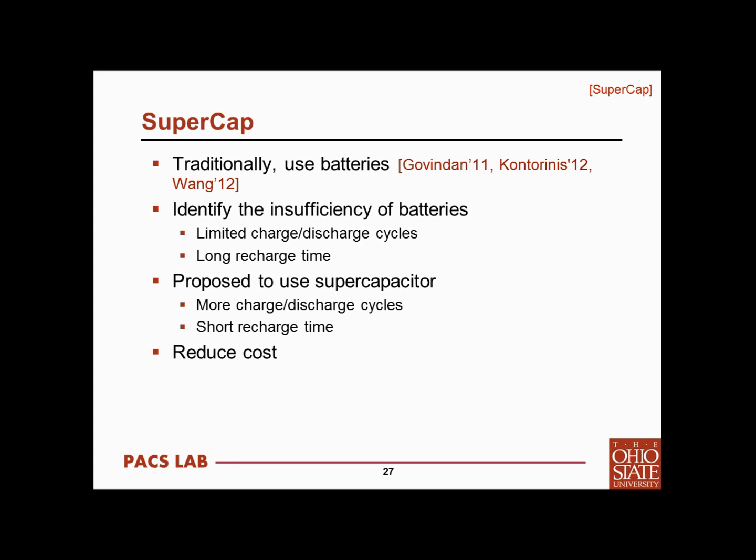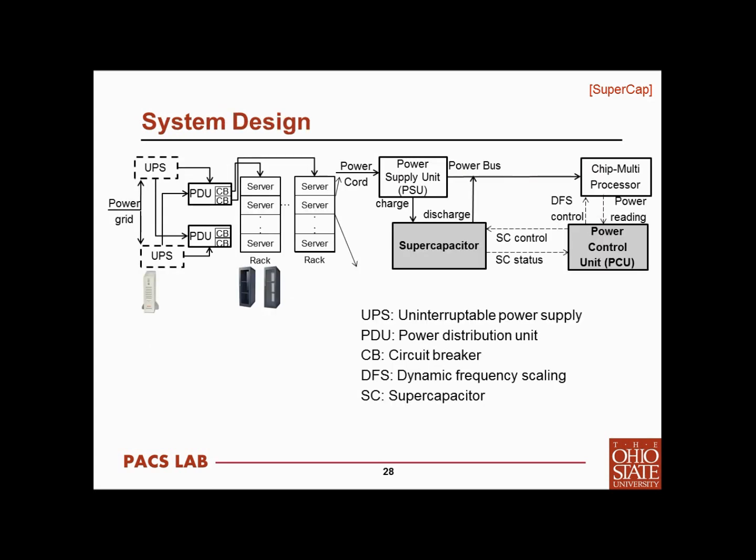The target of our project is to reduce the operation cost of a data center. This slide shows our design and a high-level introduction to the power infrastructure in the data center. Let's start from the left side.